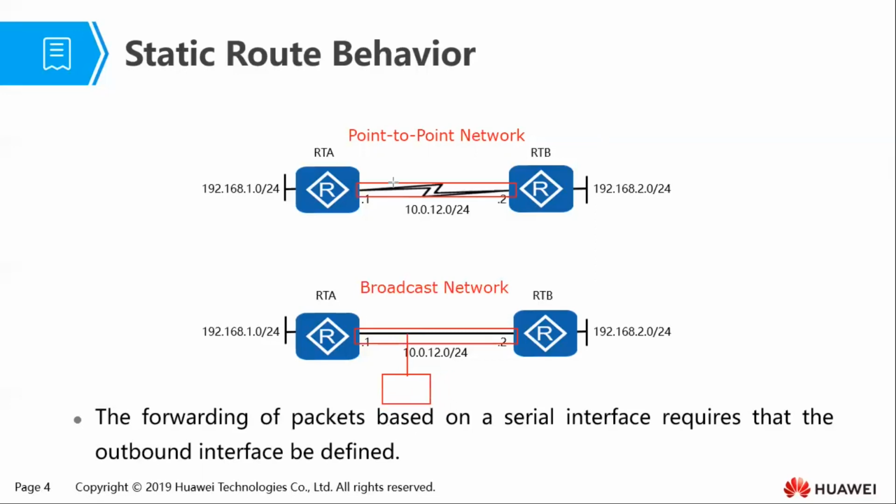And why is it referred to as a broadcast? If a packet is placed on this shared medium, it will come to this one, and it will also come to this one. Then each one of them will process it based on the destination IP address of that packet. So we configure static routes differently on each of these networks.